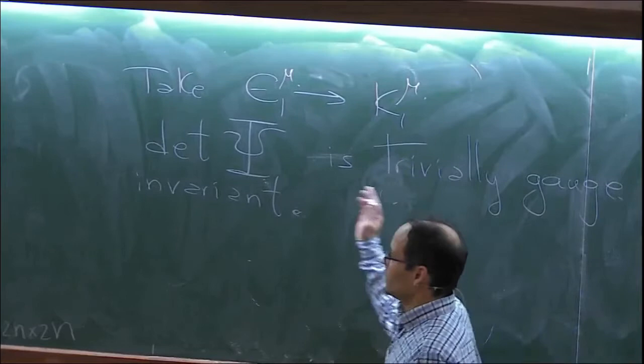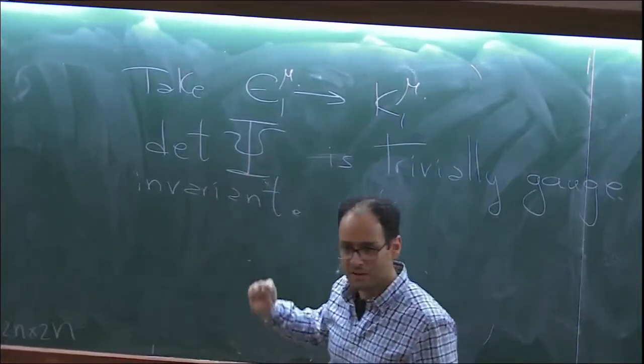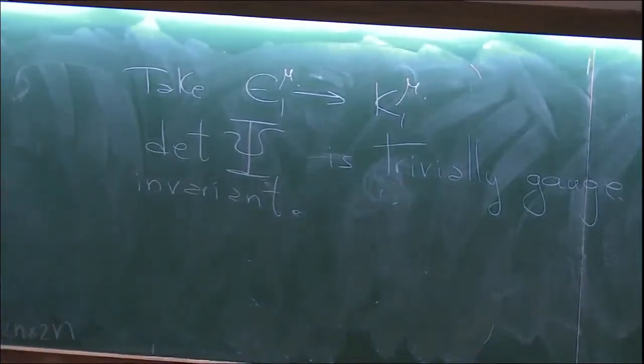There is also another minor problem with this. The determinant of psi of this matrix, how many polarization vectors is it going to have? How many copies of the polarization vector 1 is it going to have? So here is a question.